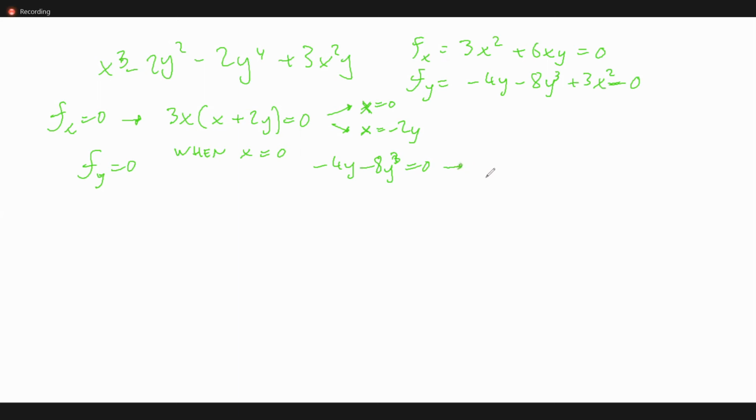So we can collect 4y, and we have 1 minus, sorry, plus 2y squared is equal to 0, which is true only when y is equal to 0. So this gives us the first critical point, (0, 0). Now let's look at what happens when x is equal to negative 2y.